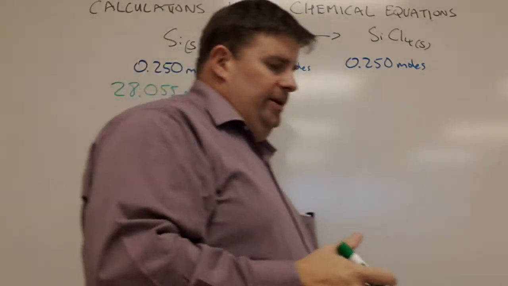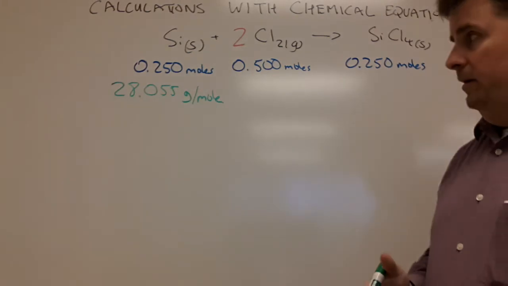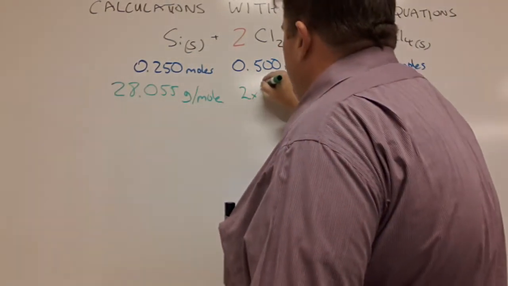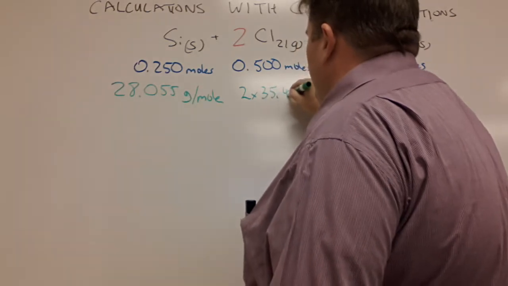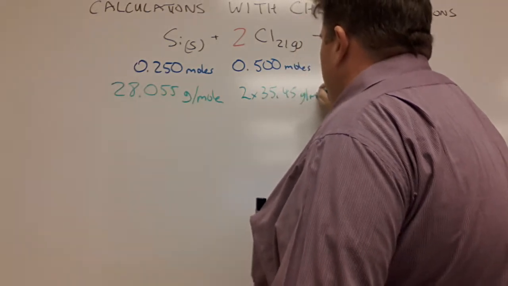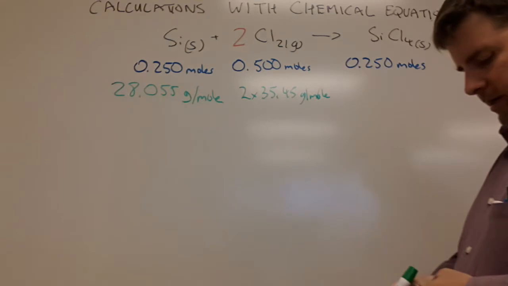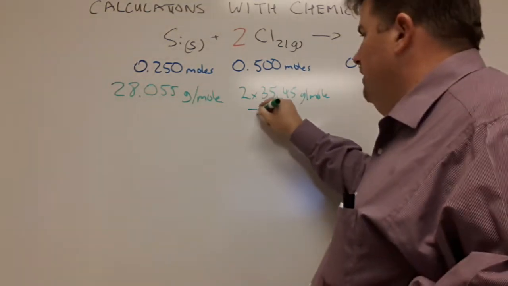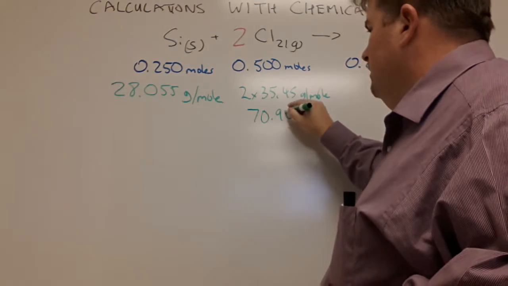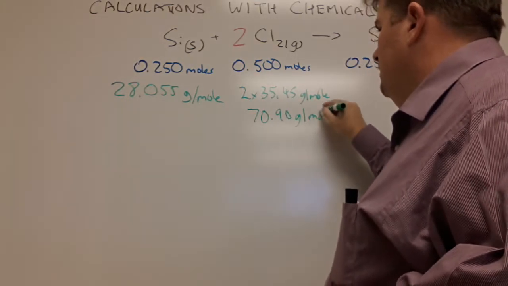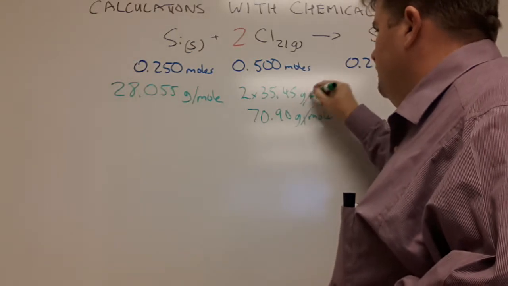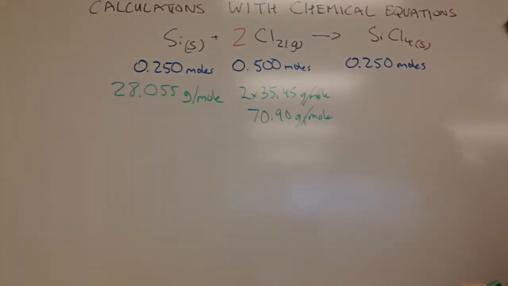Chlorine, because I've got 2 chlorines, the mass is going to be 2 times 35.45. When I figure that out, I'm going to have 70.90 grams per mole. That's not g/L mole, that's grams per mole.